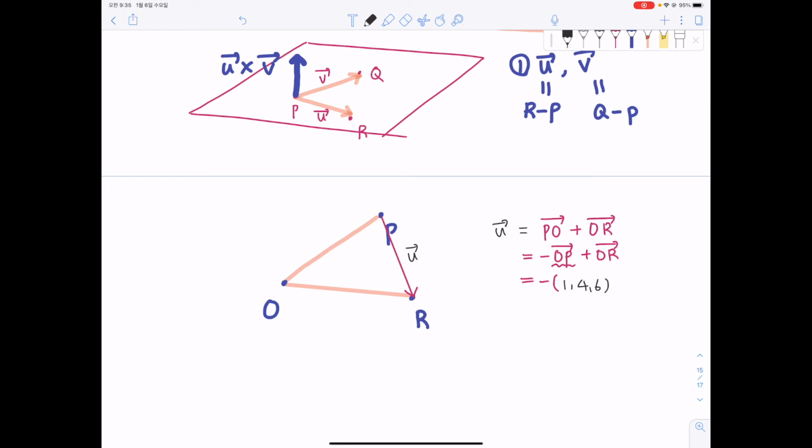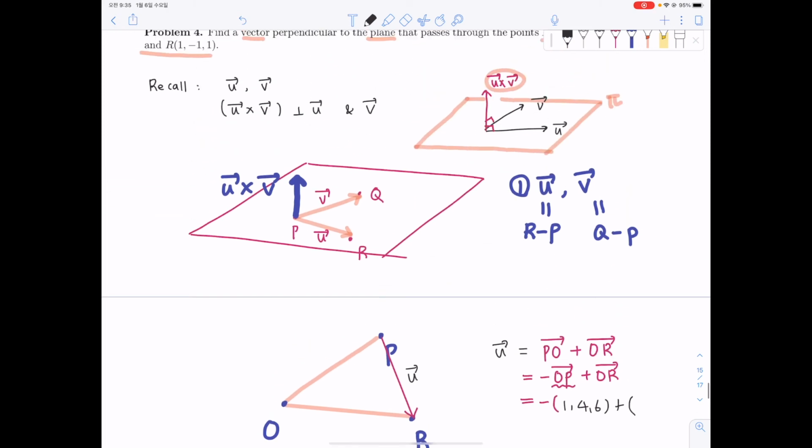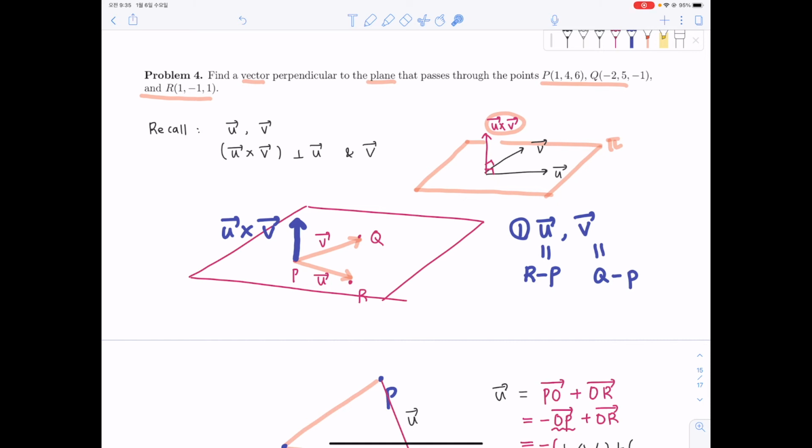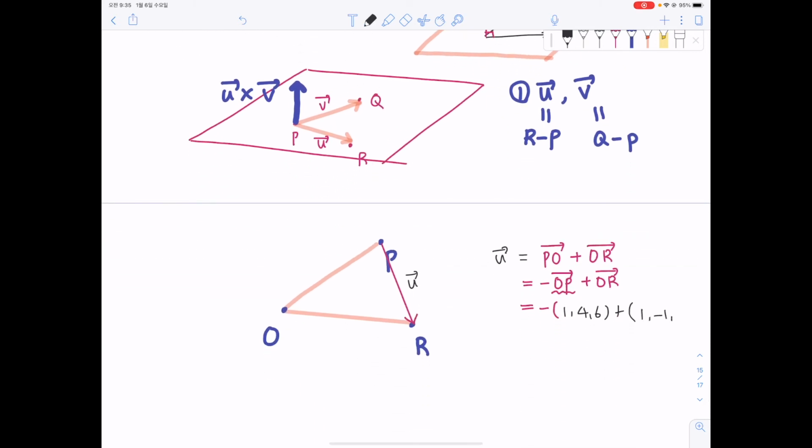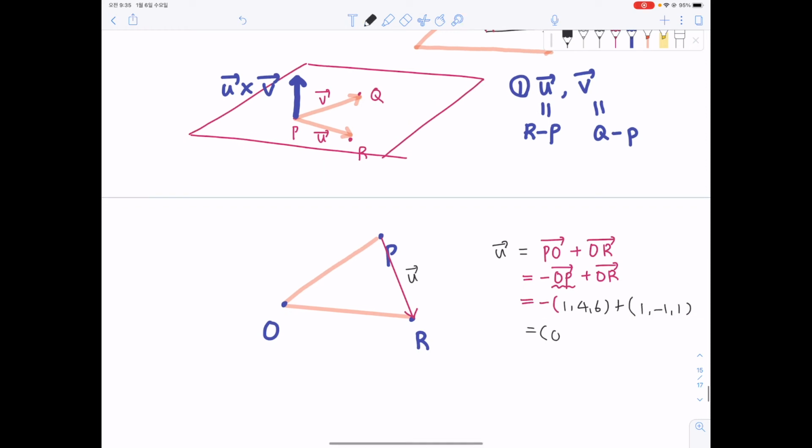And plus OR. OR is the point R here, 1, minus 1, 1. So you can calculate this sum of two vectors. It is 0, minus 5, minus 5, right?